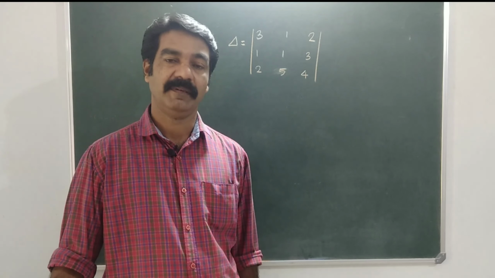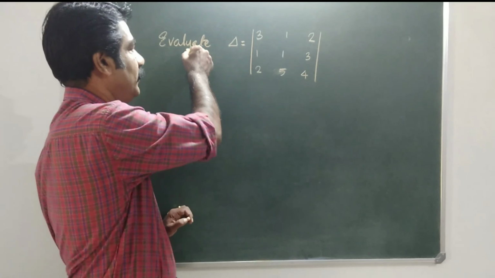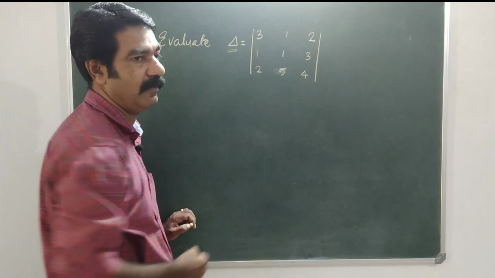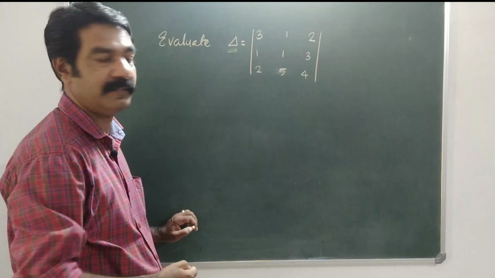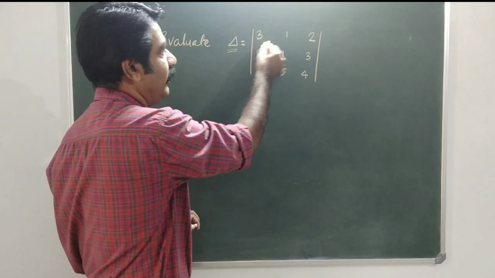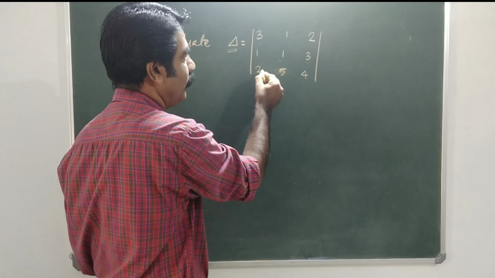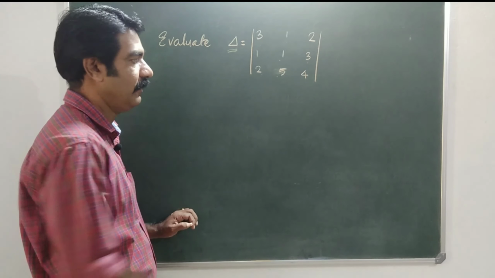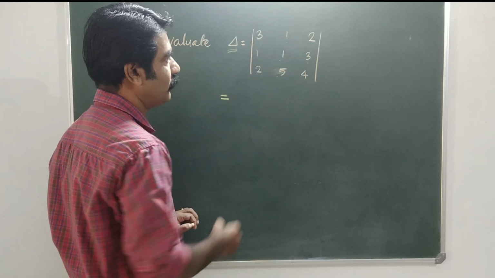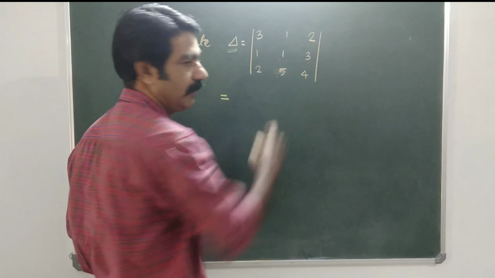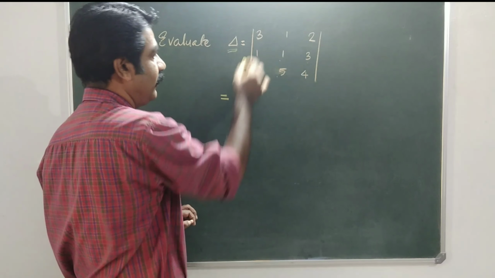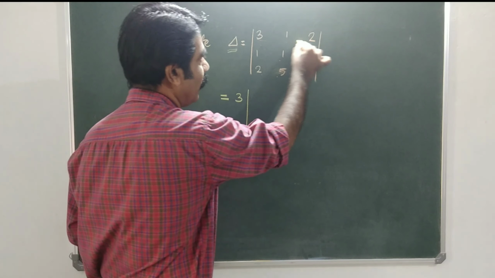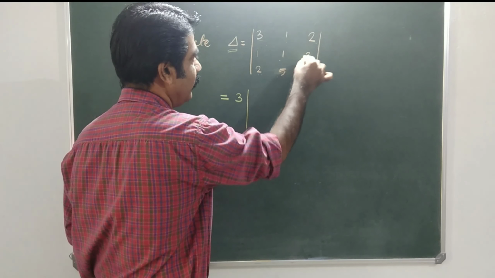Now consider an example. Evaluate delta. Remember that we also use delta for representing a determinant. So delta is equal to the determinant with rows 3, 1, 2; 1, 1, 3; 2, 5, 4. This is a determinant of order 3. Now we expand this along the first row. The first element is 3, so 3 into the determinant remaining after deleting that row and column: 1, 3, 5, 4.